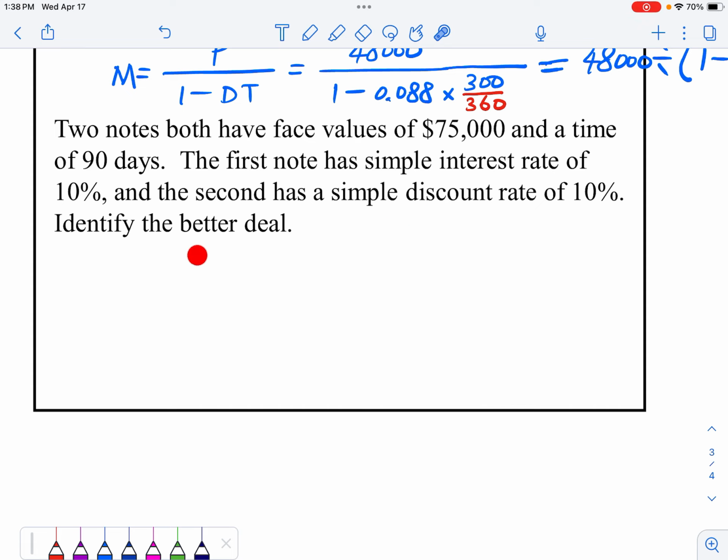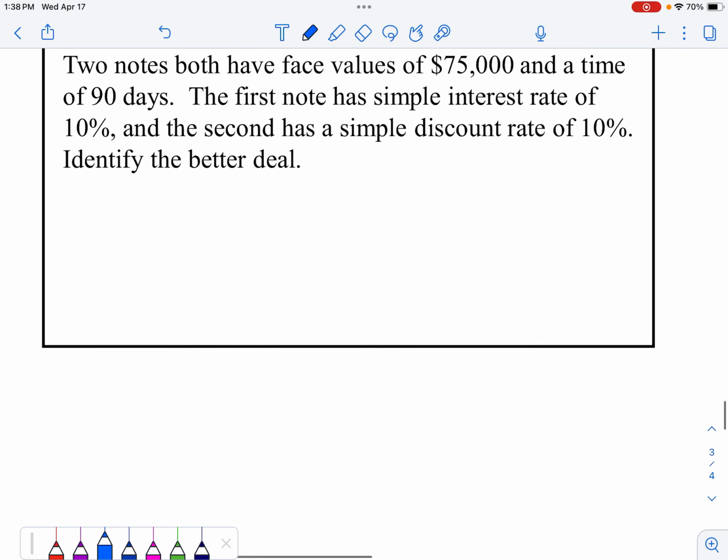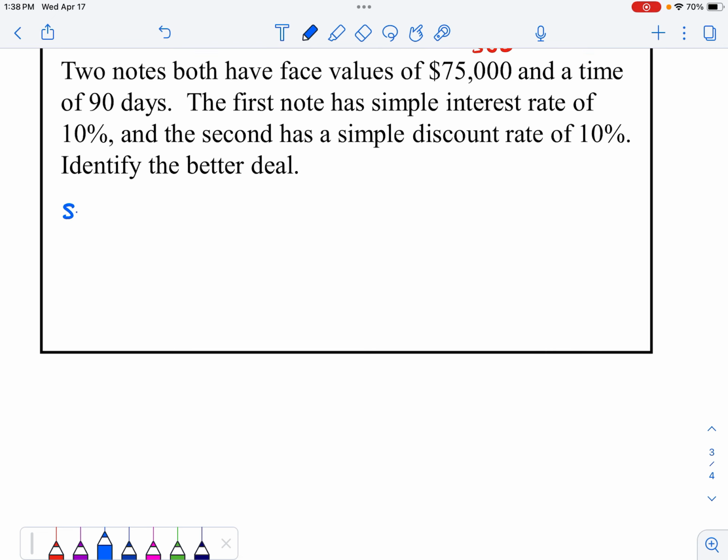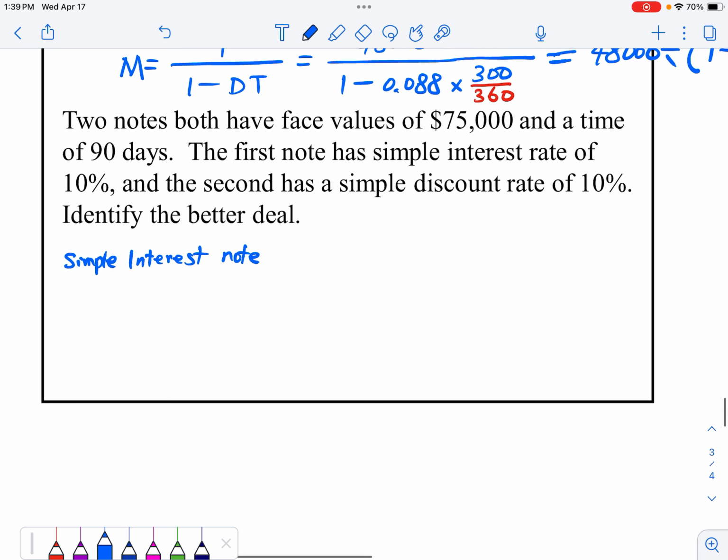Let's identify which one is the better deal. That means which one would be to your benefit. So I'm going to begin with the simple interest note, the first note. For the simple interest note, if you remember, the interest is PRT, where P is 75,000, the principal, that's how much you get, right?